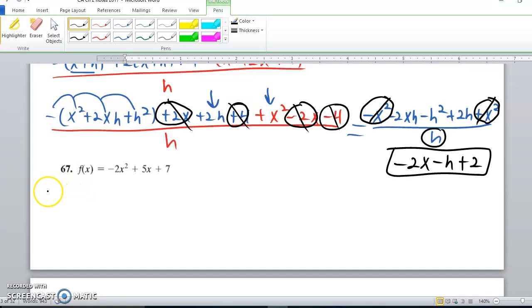So we've got the negative 2, then we replace the x with x plus h squared, plus 5 times x plus h. And we've got a plus 7 here. And then now we're going to subtract the function.